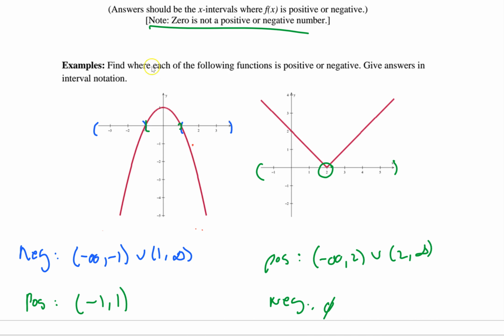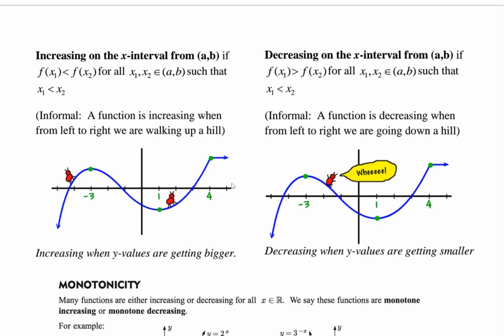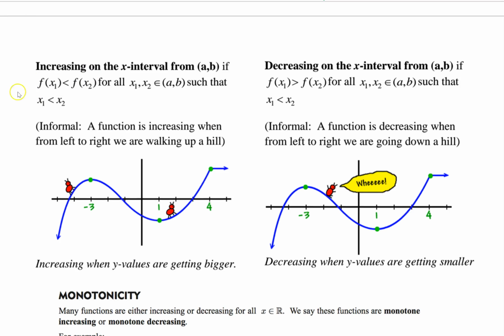So now do we know how to tell when an original function is positive or negative? Let's talk about when the original function is decreasing or increasing. What does that mean? This is all fancy talk: if you're increasing, you're walking kind of uphill, so that's when your graph's going up. So right here we're increasing, and then we're decreasing, and then you're increasing again.